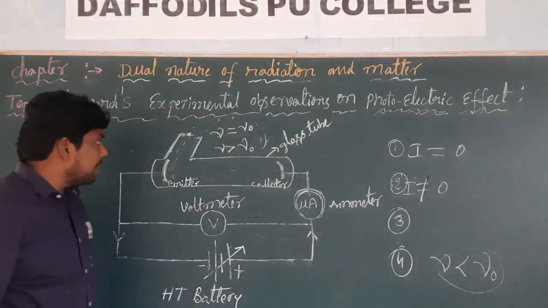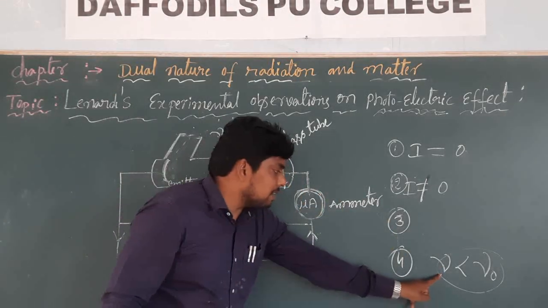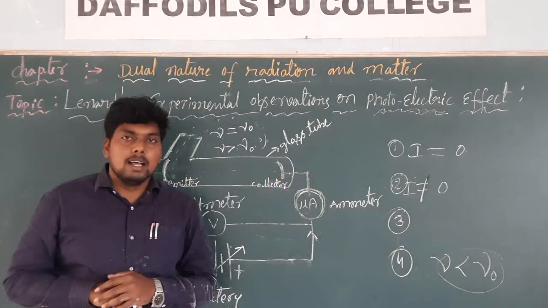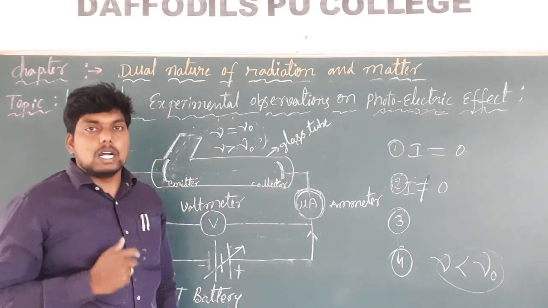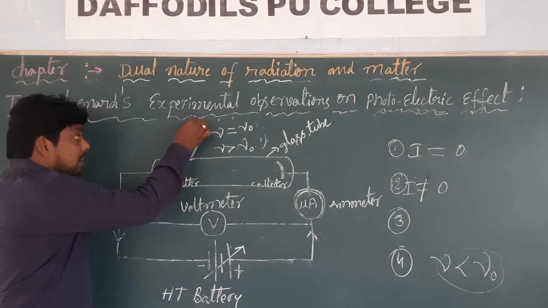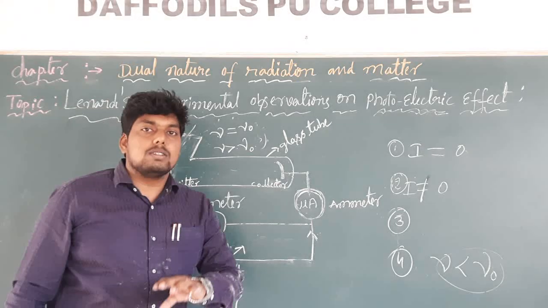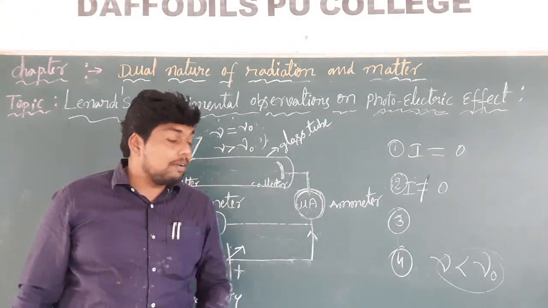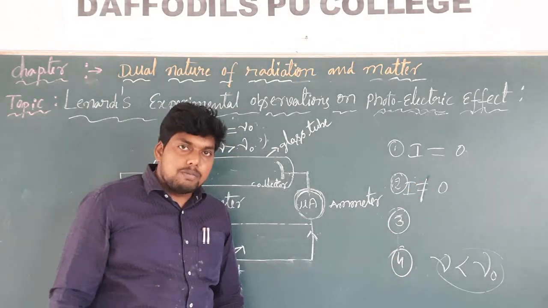What about the fourth point? When the frequency of incident radiation is less than the threshold frequency, there is no current in the circuit. It means that from all four observations, he concluded that there must be radiation with a certain frequency, and that frequency must be equal to or greater than the threshold frequency.